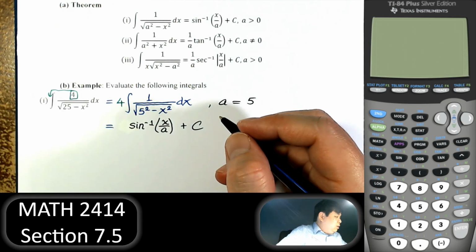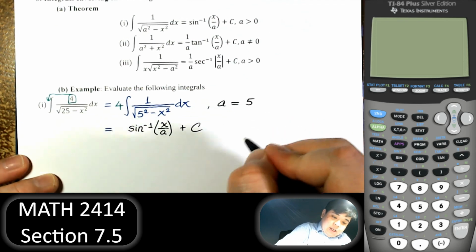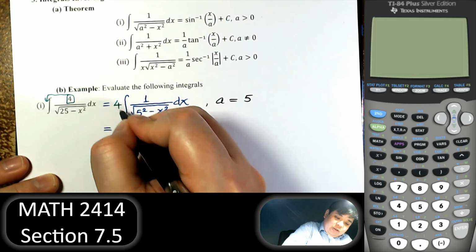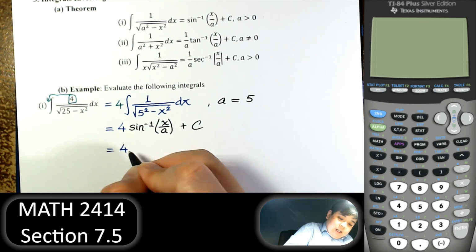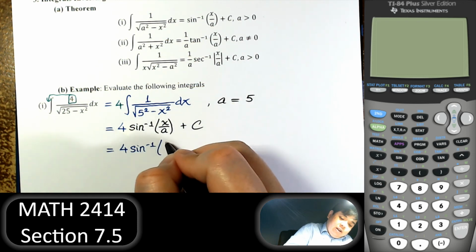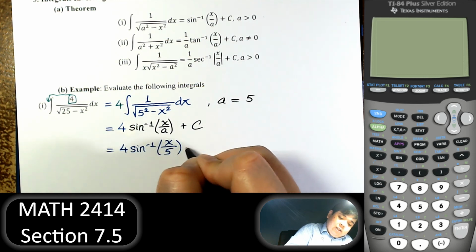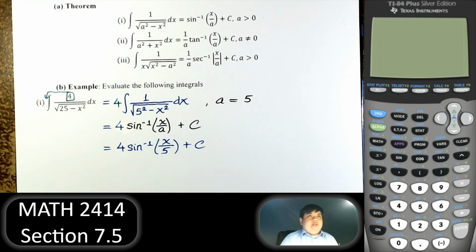So we have, of course, 4 in front of that, because there's 4 and then sine inverse, and a is 5. So that's all we do if we know the formulas. That's straightforward.